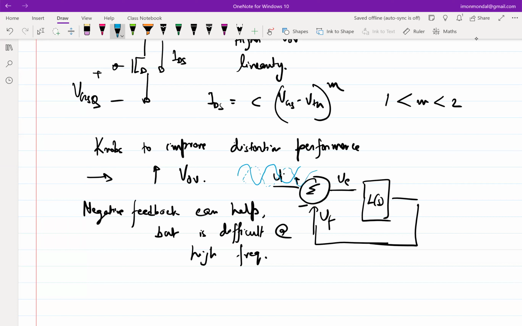Right? Now, VE directly goes to the input of a nonlinear block. LS is nonlinear, which means its output will become nonlinear. The whole reason for this negative feedback, VF is 60-degree out of phase with respect to VI.